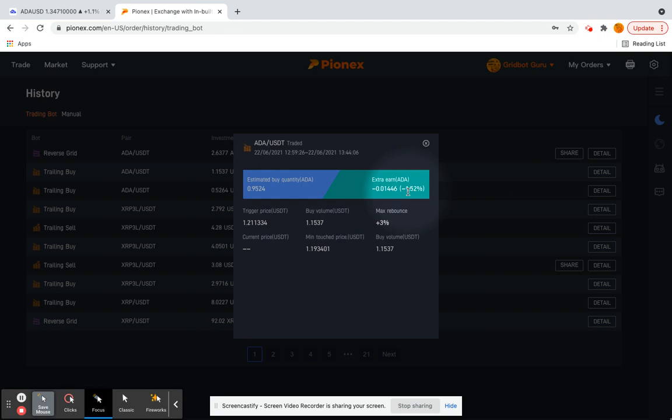And I was actually down 1.52%. However, this was a trailing buy, so I'm buying into it. The minimum price that was touched, we're going to say, is 1.20.